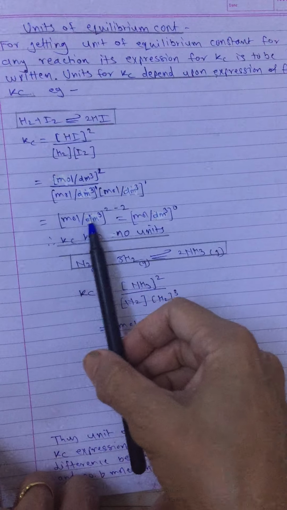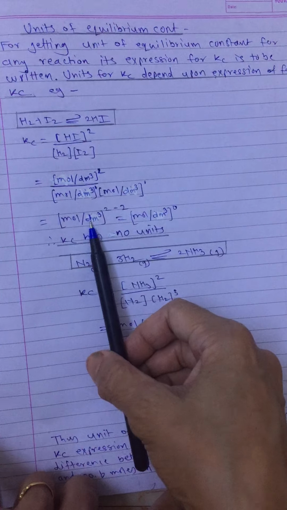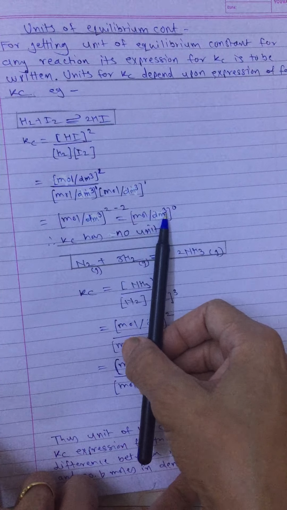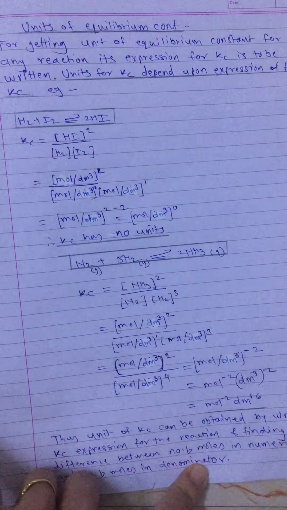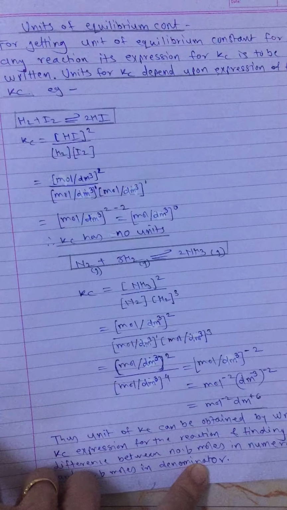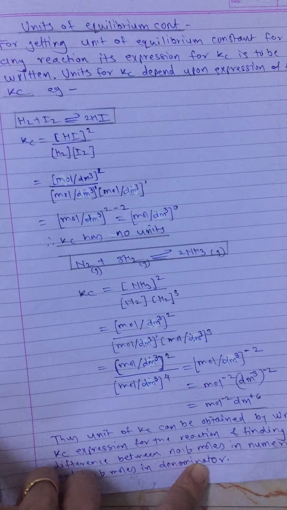So it will be equal to moles per liter raised to 2 minus 2, that is 0. So for this particular reaction, Kc has no unit, because moles per dm cube raised to 0 we are getting.